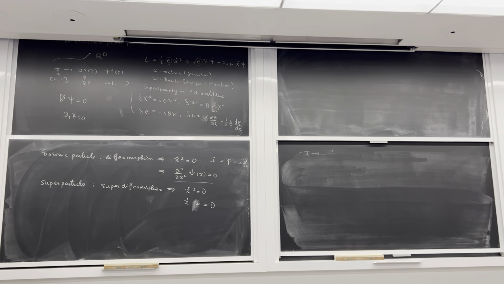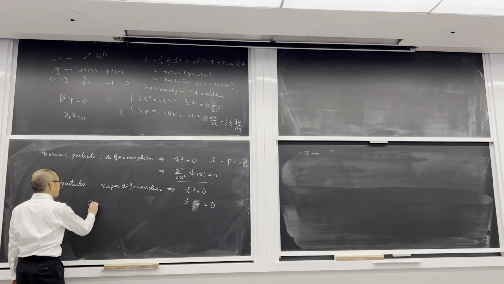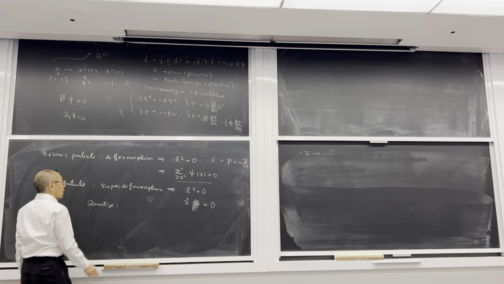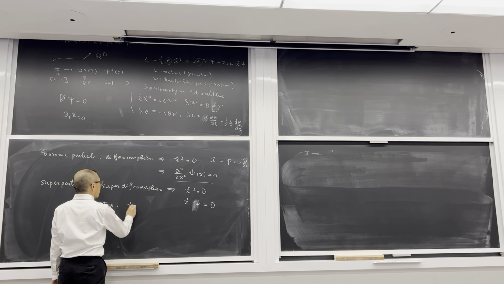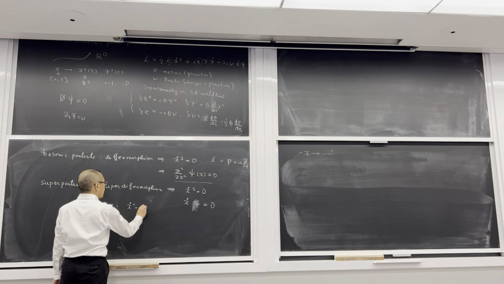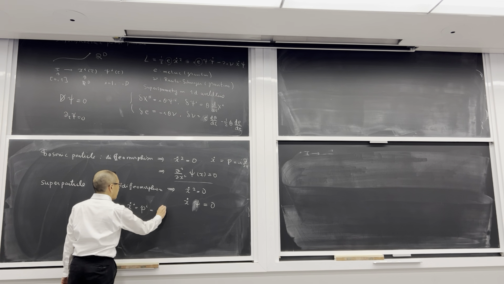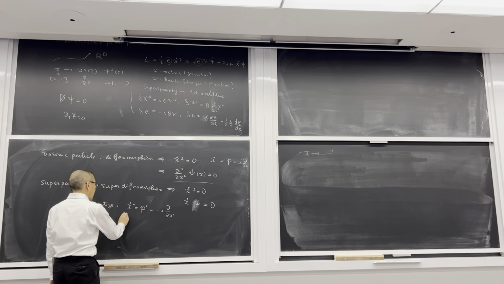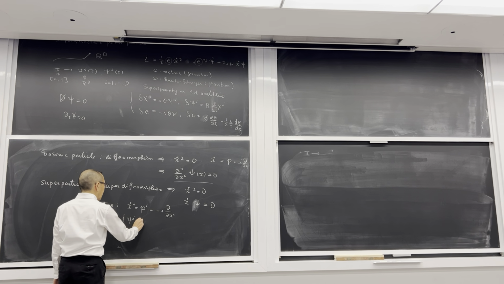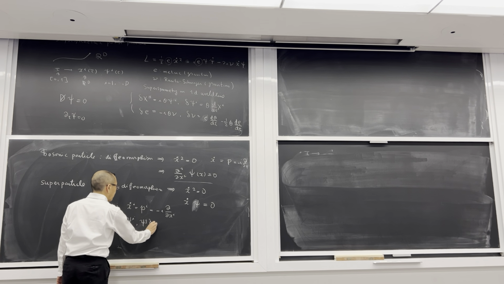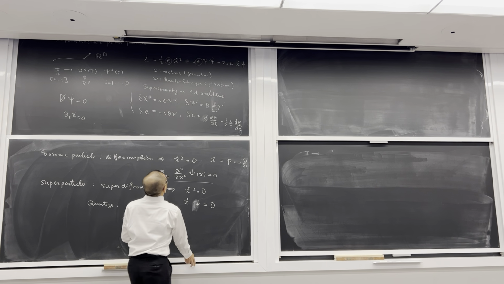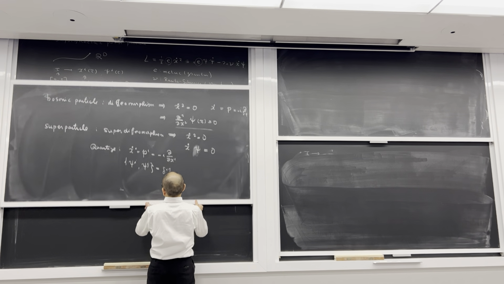Okay, so now if you quantize, x dot is momentum, which is equal to minus i del x, and psi satisfies an anti-commutation relation. And the reason is the kinetic term.